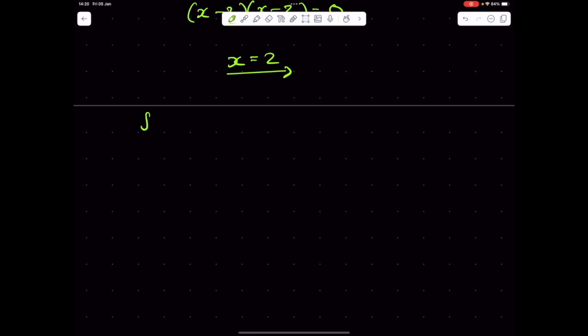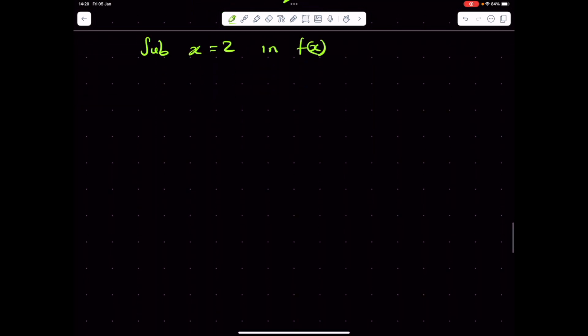So now we can sub in x is equal to 2 in maybe f of x to make it simpler. So now f of 2 would give you 2 squared, and then f of 2 would give you what? 4, right? So that's what we get.